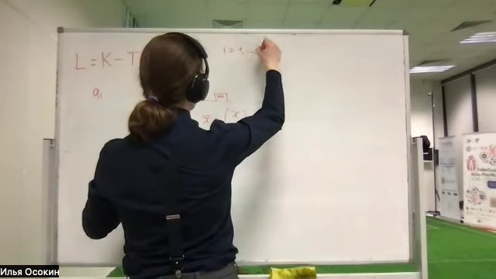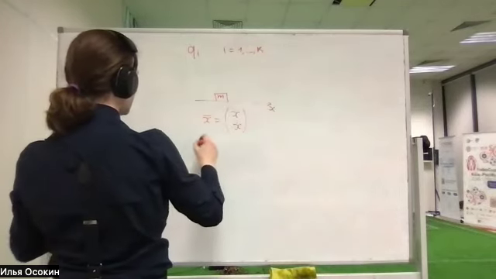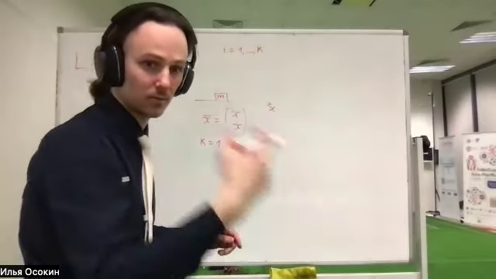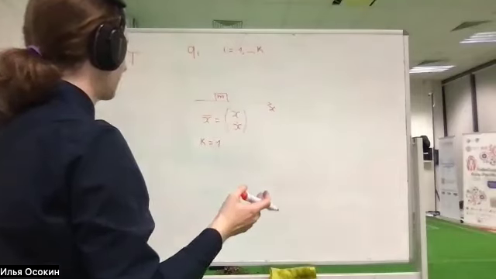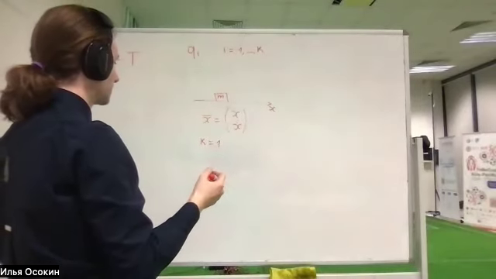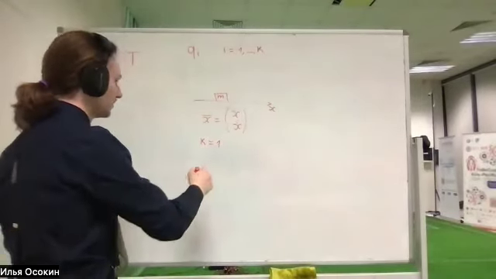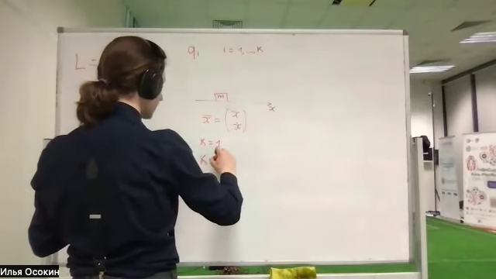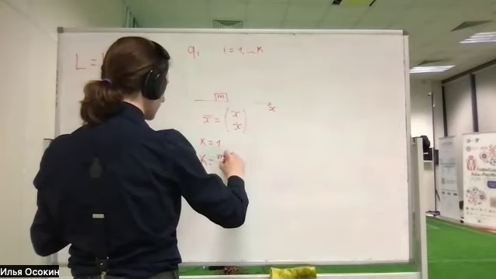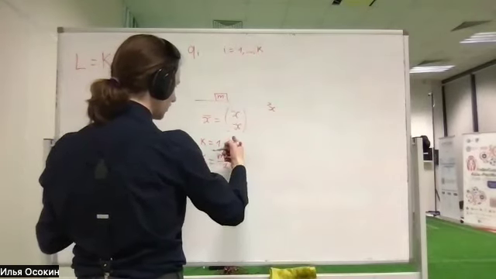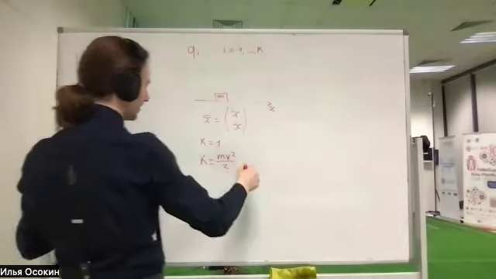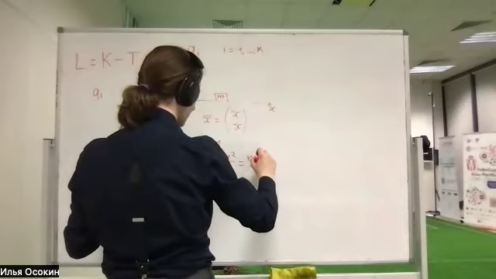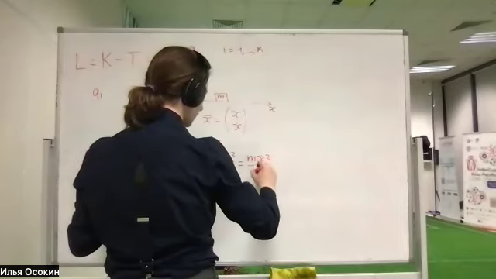So let it be 1 through k, and here k is equal to 1. So we have one generalized coordinate. Well, we will expect just one differential equation. And the kinetic energy here will be simply m times v squared over 2, which in terms of the generalized coordinate x will be equal to m x dot squared over 2.